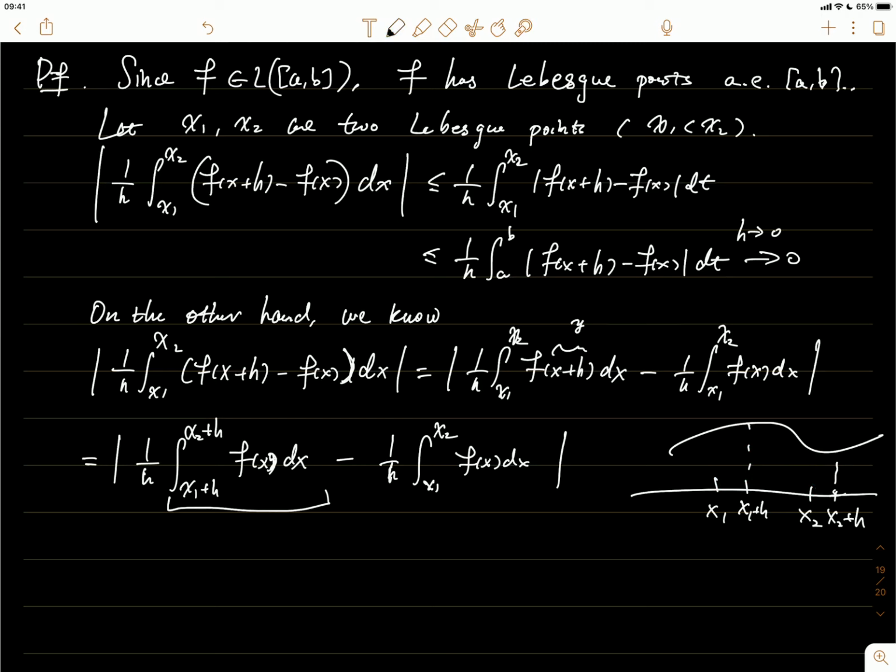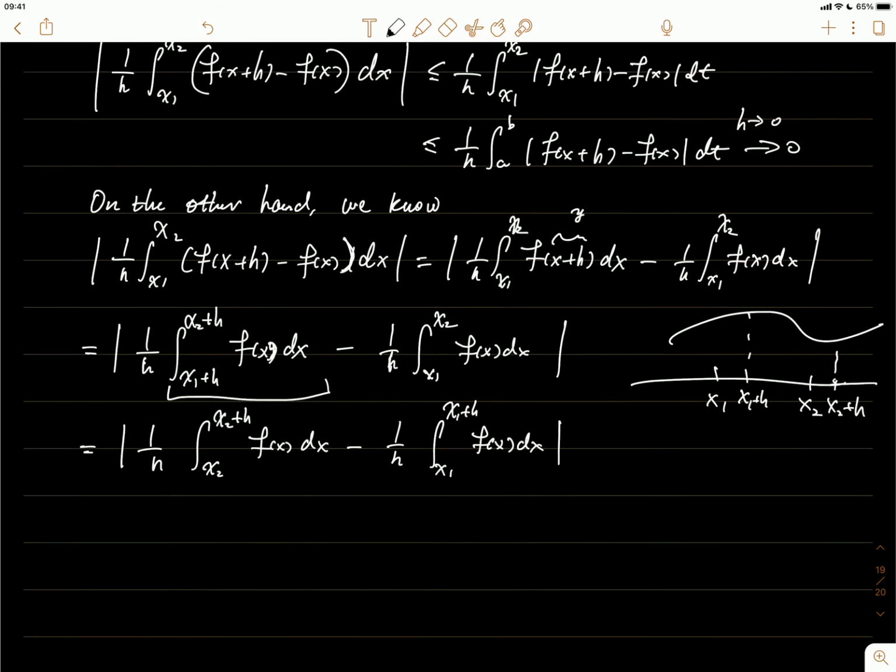Okay, so that's the idea. So we can rewrite this as 1 over h, times the integral from x2 to x2 plus h of f(x) dx, minus, they all have this common factor so I just always keep it, the integral from x1 to x1 plus h of f(x) dx.